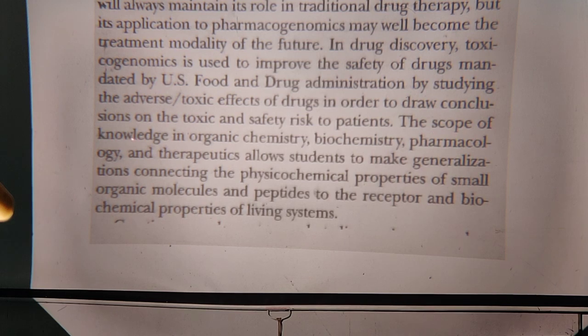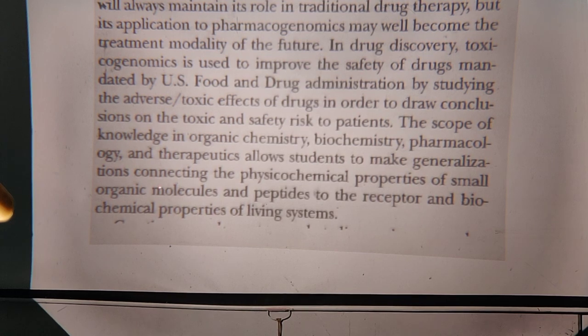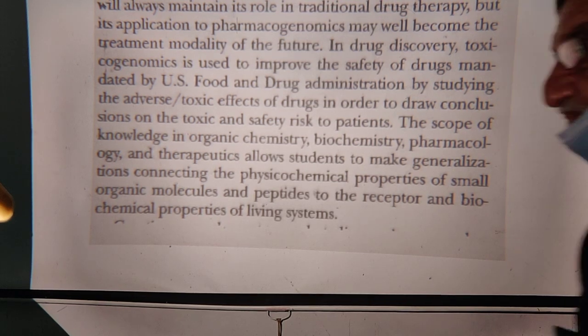The scope of knowledge in organic chemistry, biochemistry, pharmacology and therapeutics allows students to make generalizations connecting the pharmacochemical properties of small organic molecules and peptides to the receptor and biochemical properties of living systems.